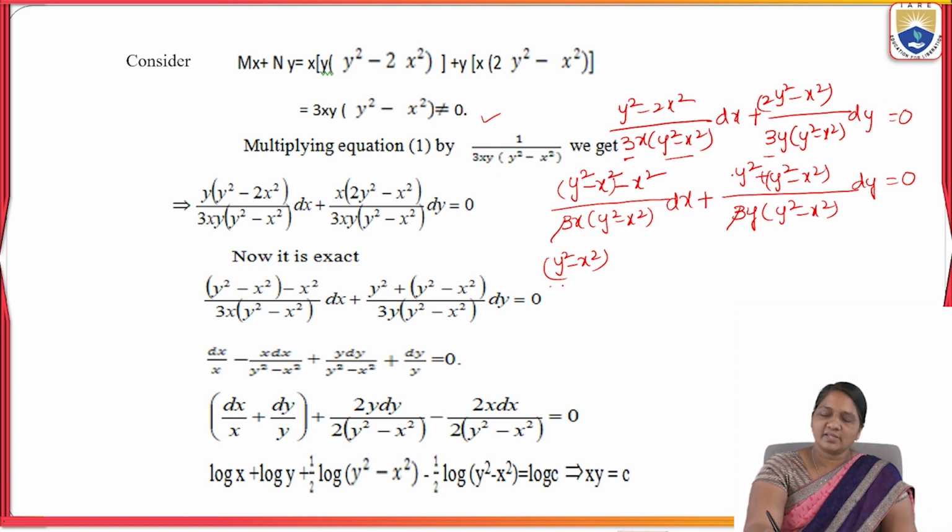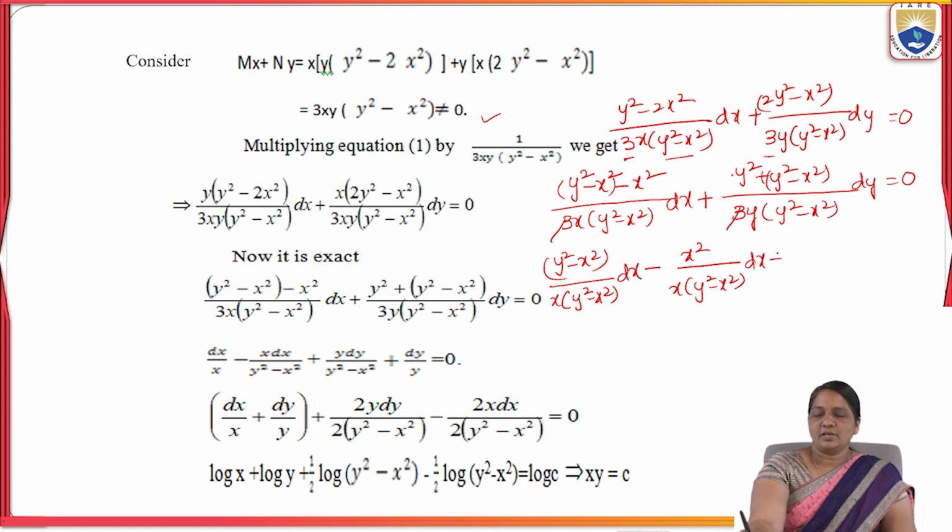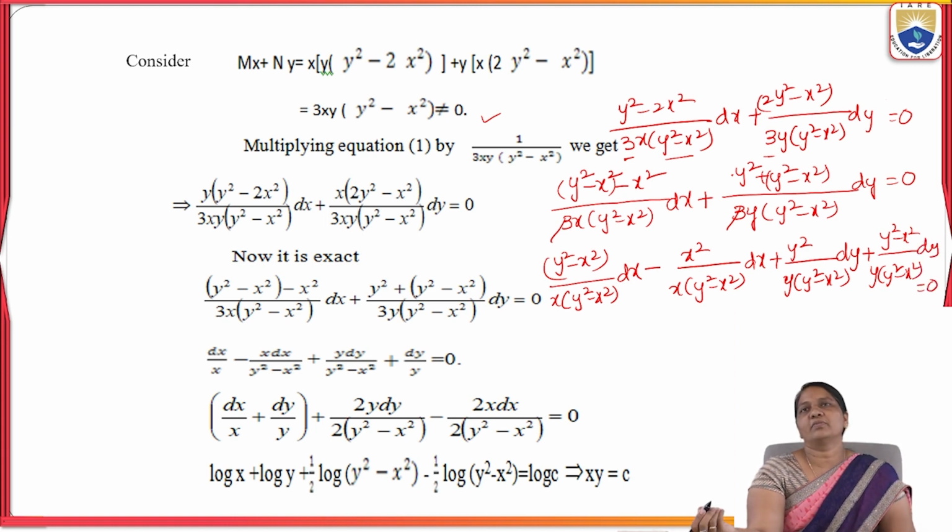So y square minus x square by x into y square minus x square into dx. I am separating the terms: minus x square by x into y square minus x square into dx plus y square by y into y square minus x square into dy plus y square minus x square by y into y square minus x square into dy equal to 0.